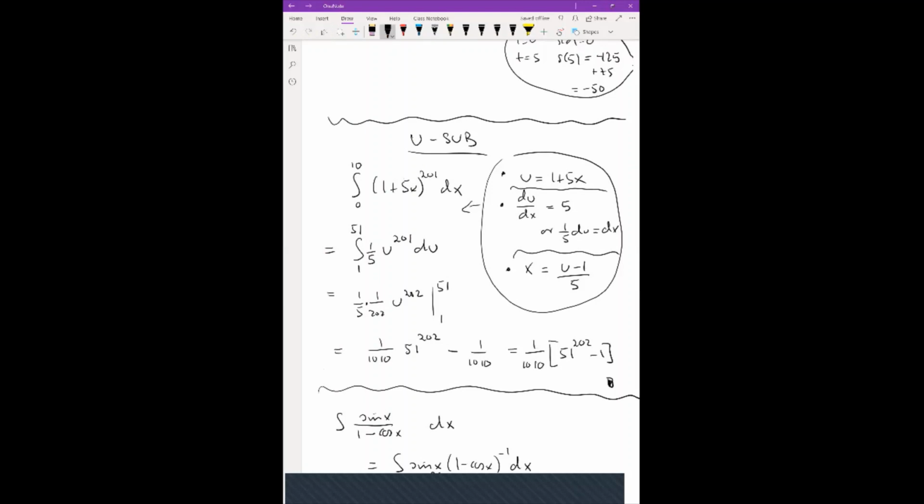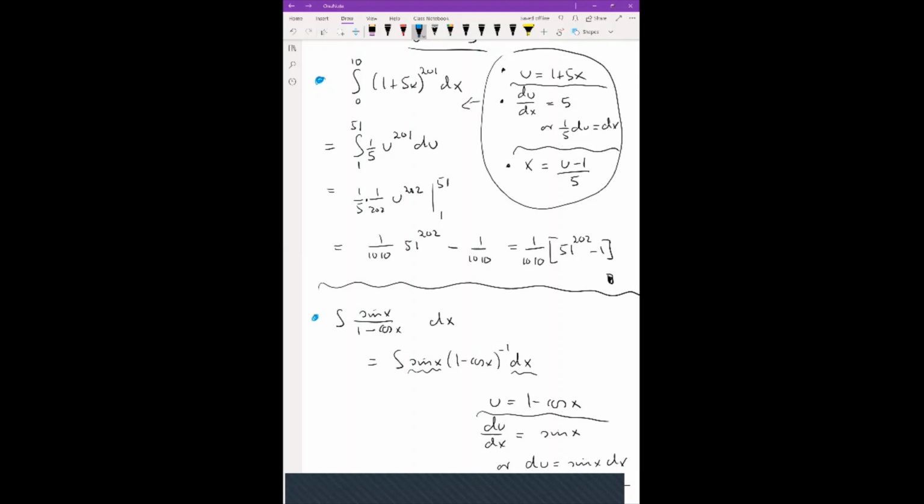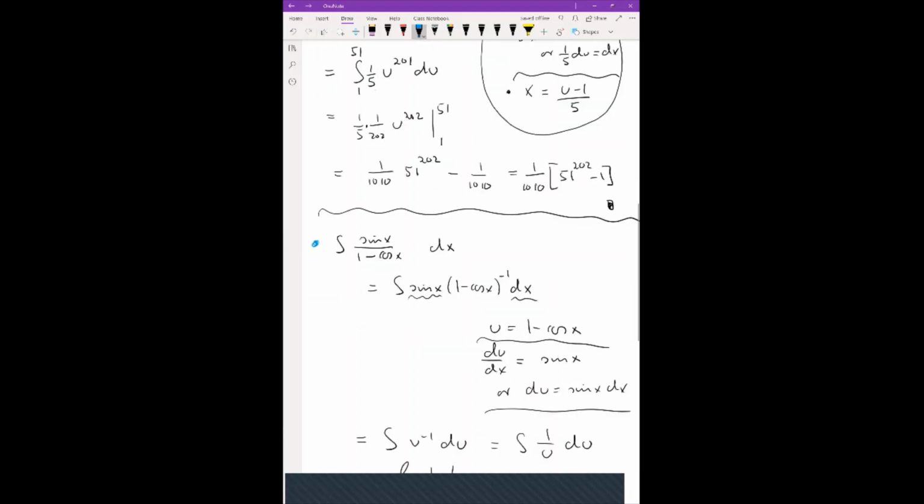So in this case here, in our first problem, there's really nothing much you can simplify. If you multiply out 1 plus 5x to 201, you will be busy for the next 2 or 3 weeks. Also in this thing here, there is really not much you can simplify. There is nothing much you can divide.